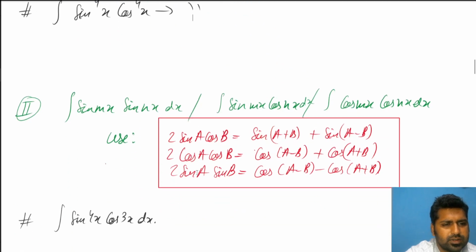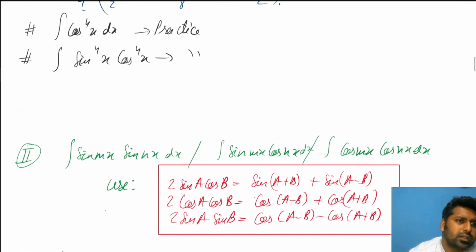Let's move to the next one. The next one is basically in the product form: sine sine, sine cos, cos cos. Now the problem is that yes, there is a sort of product rule, but I told you that's called by parts, and that should be your last resort to solve any problem, not the first choice.